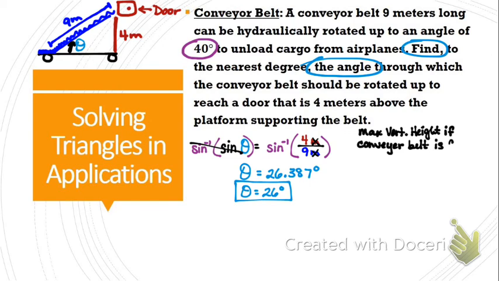Yes. We would do sine of 40 degrees, because that's full extension, is equal to x over the length of that conveyor belt, which isn't changing. It's going to stay 9 meters, right? So then how do I solve that? Sine 40 times 9. Yes. Sine of 40 times 9.